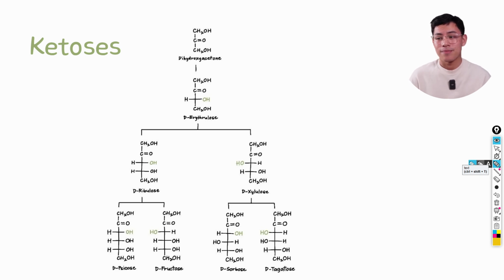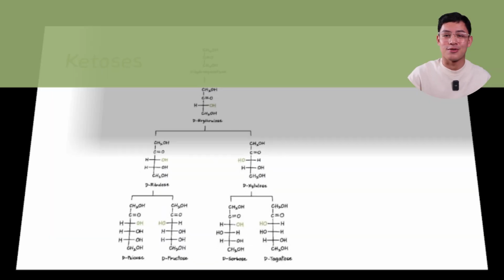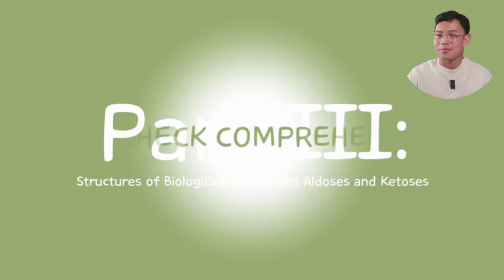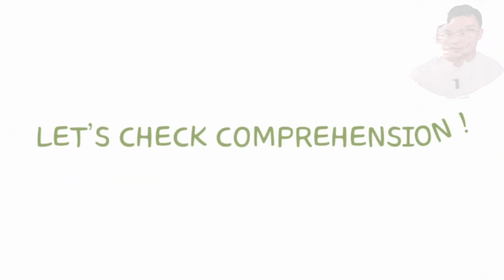At the start, it may be difficult, but as you go along the way, I promise you, it gets easier. And so, that concludes our third topic of today, which is the structures of biologically important aldoses and ketoses.